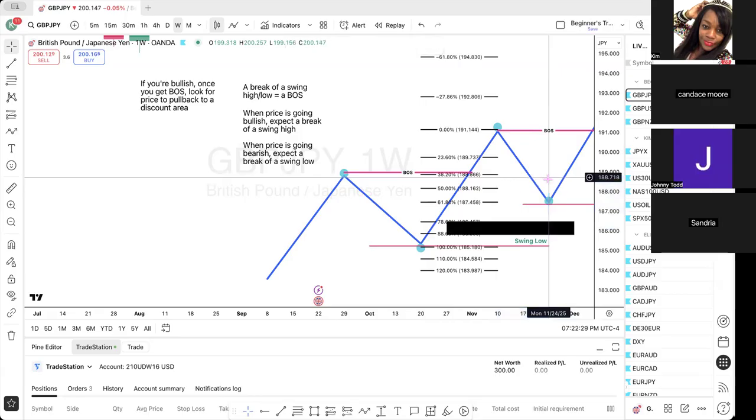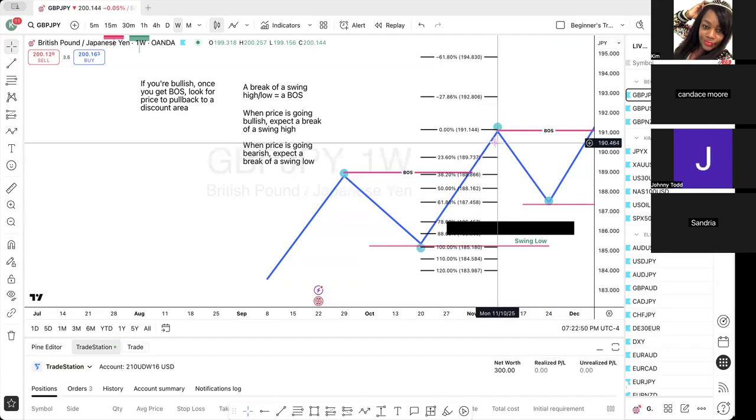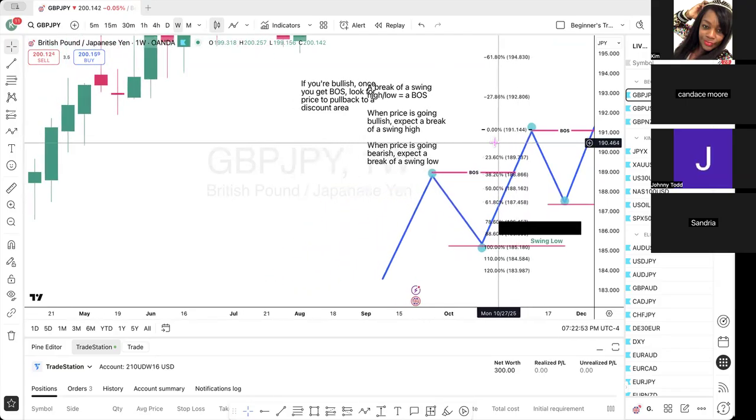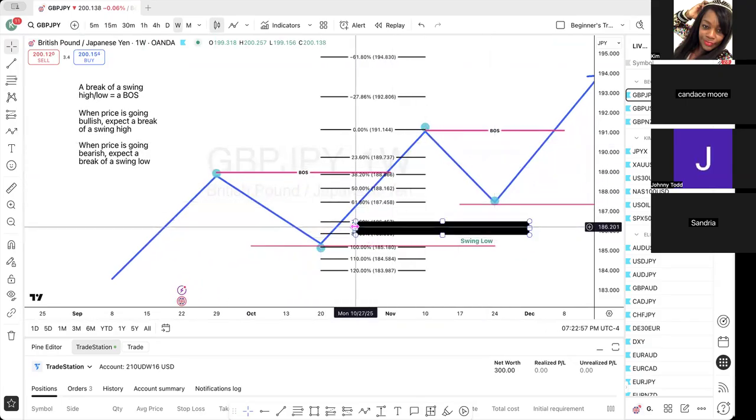So, with that being said, there's something that I look for once price breaks structure, to see if it's going to come back to that zone. Now, generally, I don't have to use a fib, but I'm going to show y'all how to do it. What I'm looking for, because I think we talked about this on Saturday, is the order block.